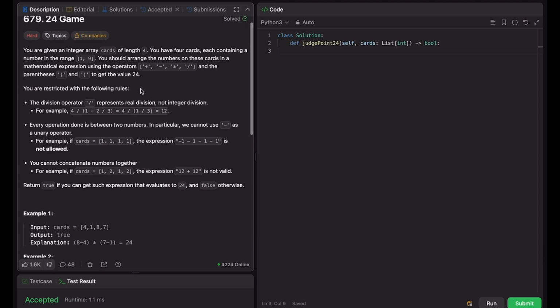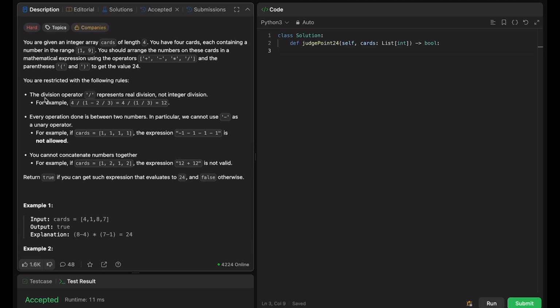We are restricted by some rules. The division operator represents real division, not integer division. So 4 by 11 will come to 3 point something, right? So we should take 3 point something. It's not like you should round off to 12.